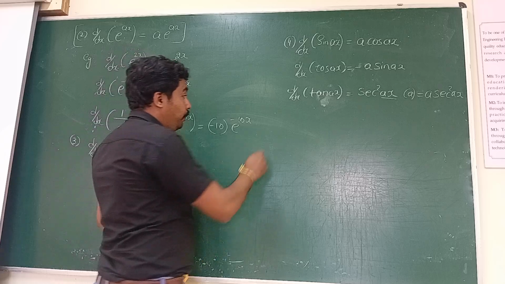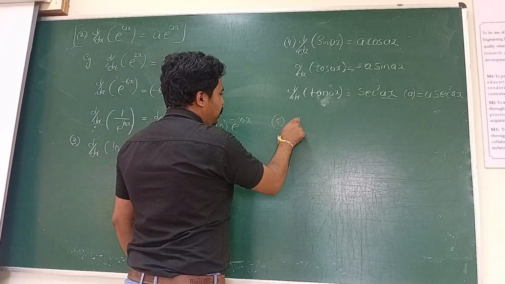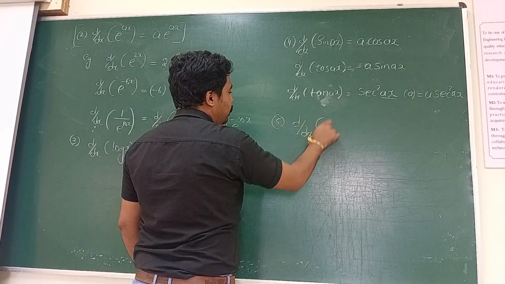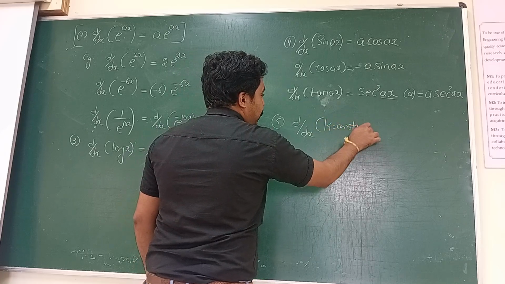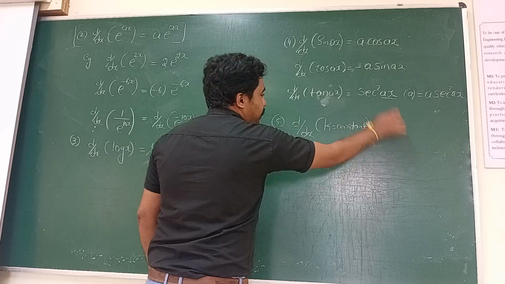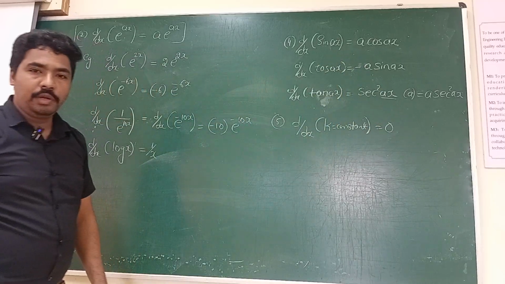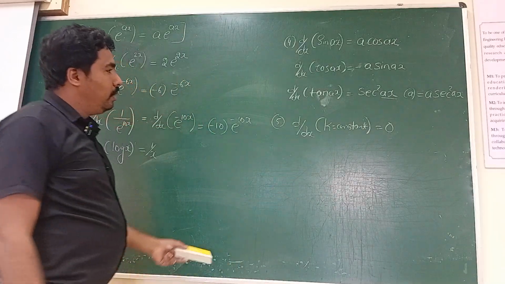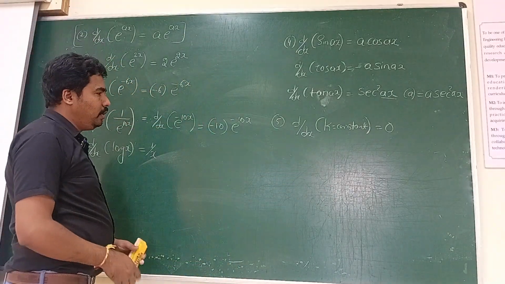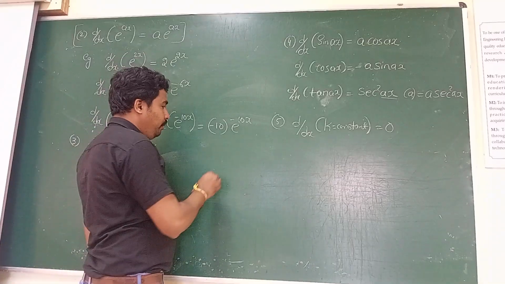And also differentiation of constants. Let k be a constant. Differentiation of a constant term is always 0. If we remember this, we can easily solve problems. I will just randomly take a few examples.